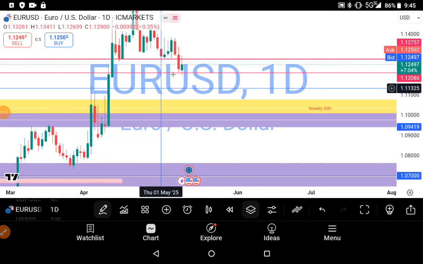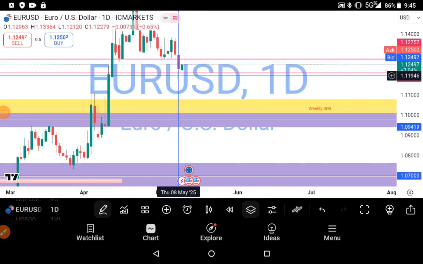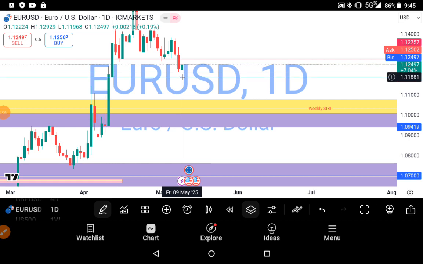The low of this candle comes in at 1.12120, and the next candle's low comes in at 1.11968.